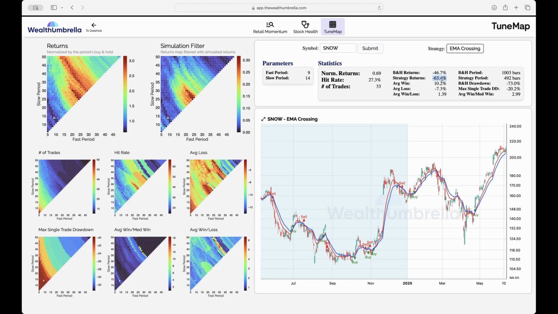It's not exactly this same period, so the number is not exactly the same right now. And we were underperforming the buy and hold, while when I go back to my 22 and 29, it's a pretty good strategy. So it's a way to visually see exactly where we are.